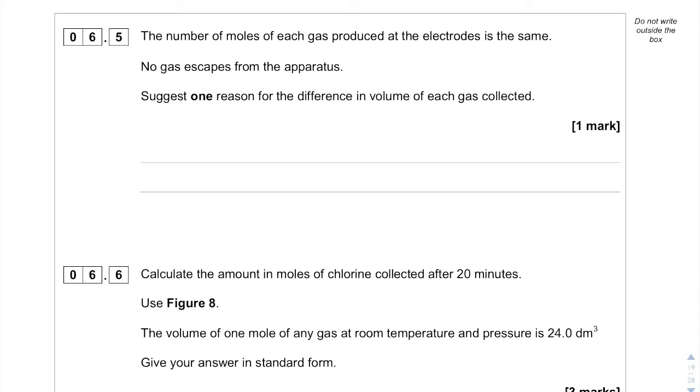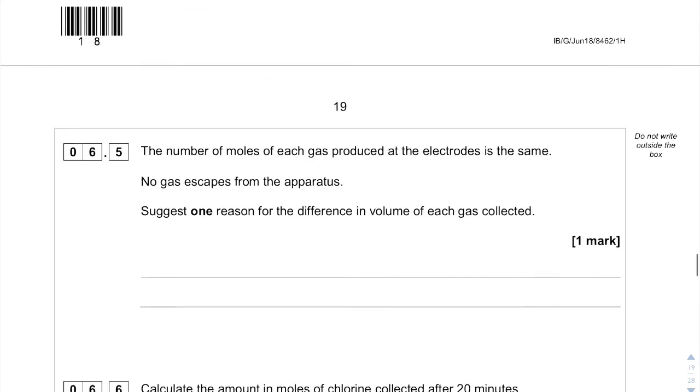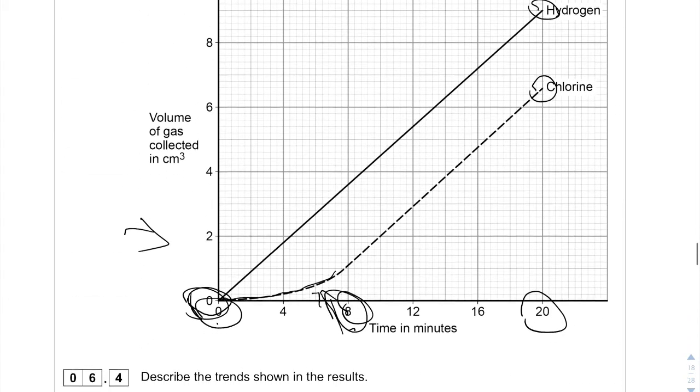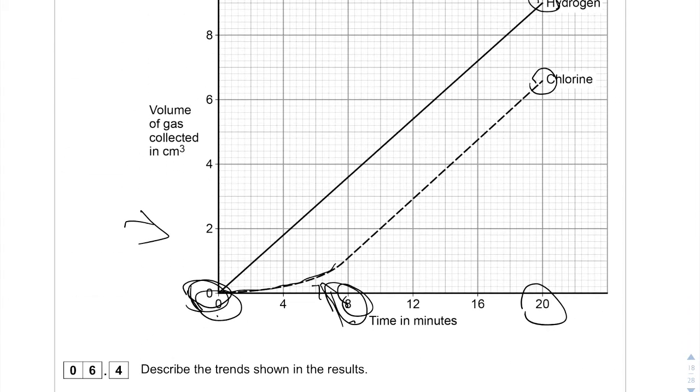Now the next question: the number of moles is the same on each electrode. No gas escaped from the apparatus, and suggest a reason for the difference in volume for each gas collected. So in terms of the total volume of gas collected, we can tell that chlorine is definitely less than hydrogen.